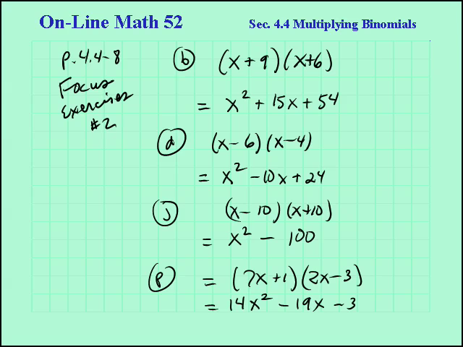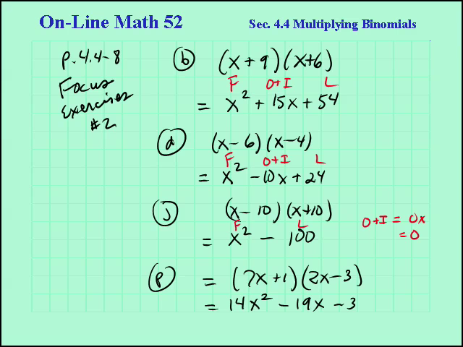As far as the FOIL method is concerned, here's what we've done: first, outer plus inner, and lasts. That's the mental process of the FOIL method. Same thing here: first, outer plus inner, last. Remember, the outer plus the inner became 0, or 0x, and we didn't need to see it at all.